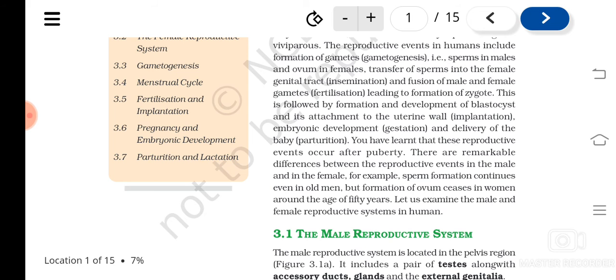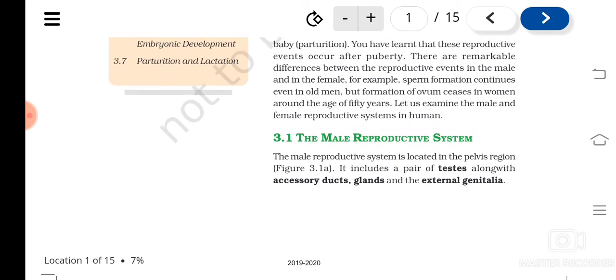But in females it's not like that. After menopause, as you would have heard, the female becomes sterile; females cannot produce ovum or egg after menopause. Not only this, there are a lot of differences between the reproductive events that take place in males and females. So let's study each of these.